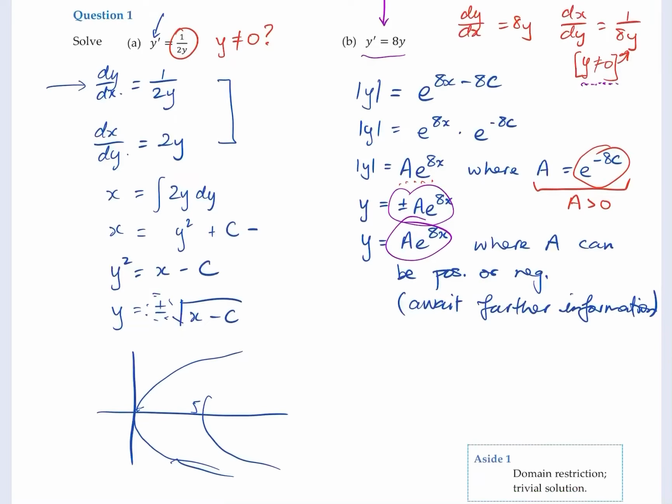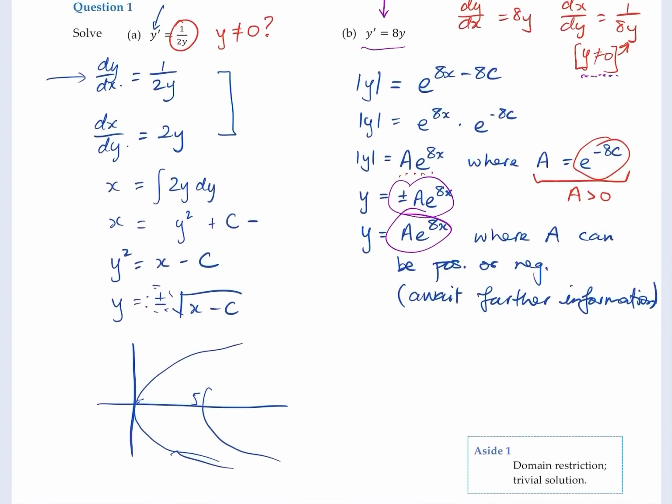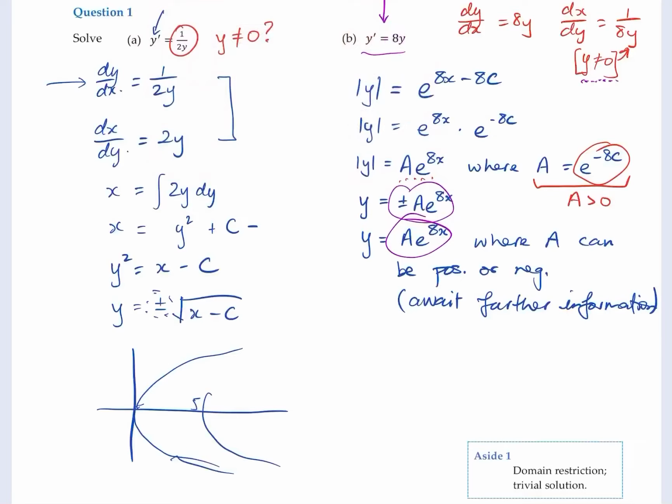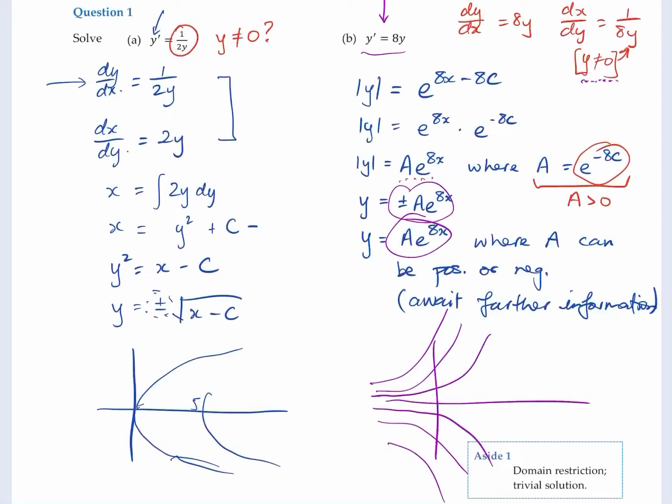So what does y equals A e to the 8x look like? Well, it looks like that, or if A was negative, it looks like that. And depending on the value of A, see how none of these are 0?